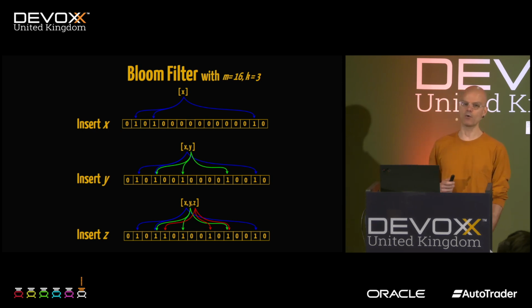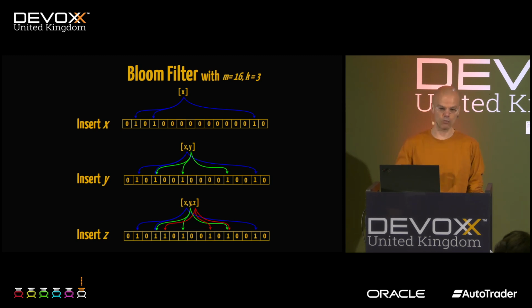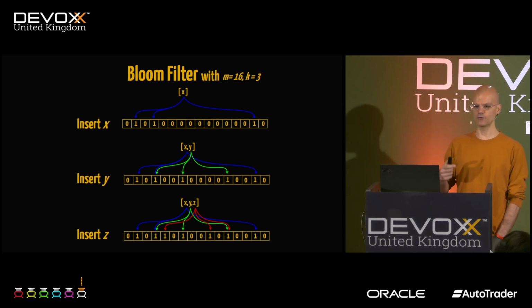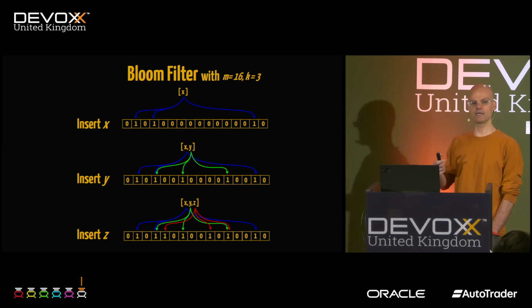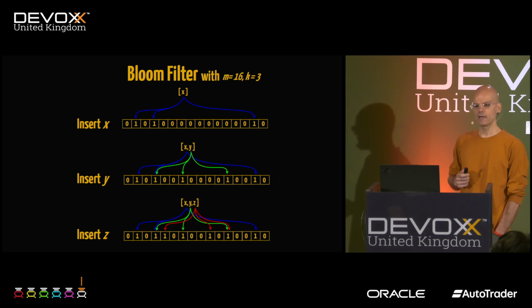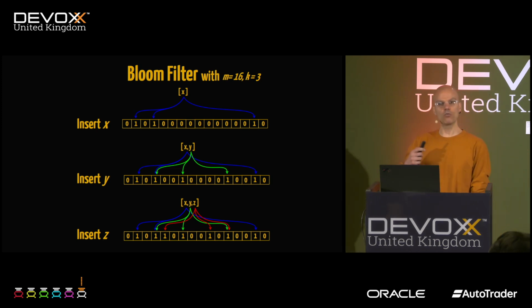And so we put a 1 in the array there. Then we apply the second hash function, and we get 3, which is the fourth element of the array. And then we put a 1 in that location. And the same goes for the third one. So after we apply the hash functions to x, we have the initial array, which has 3 bits set to 1. And then we insert y.